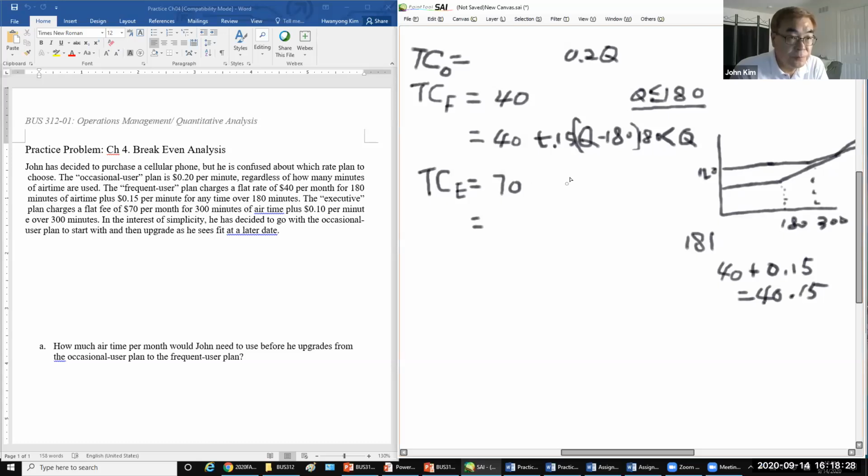So if Q is less than 300, 70 flat, then more than 300, 70 plus 10 cents per minute times Q minus 300.